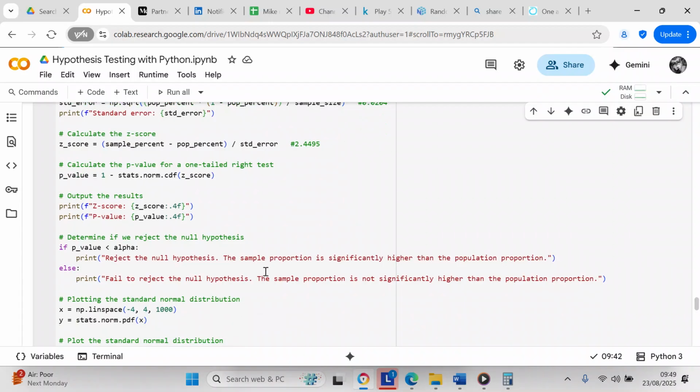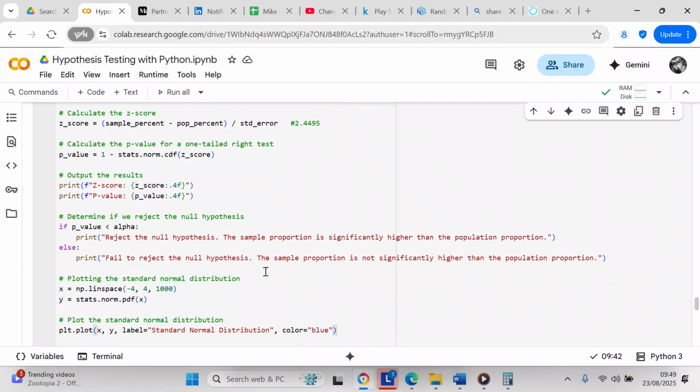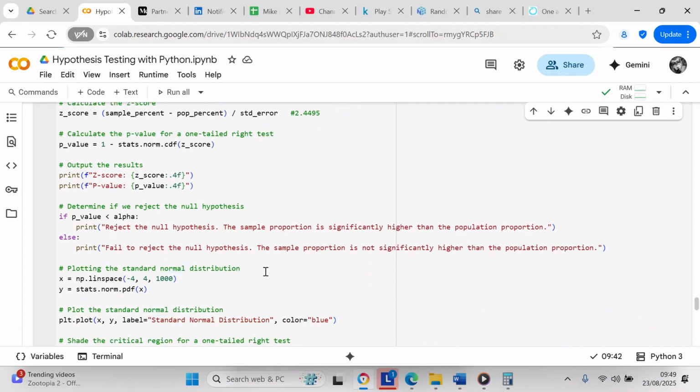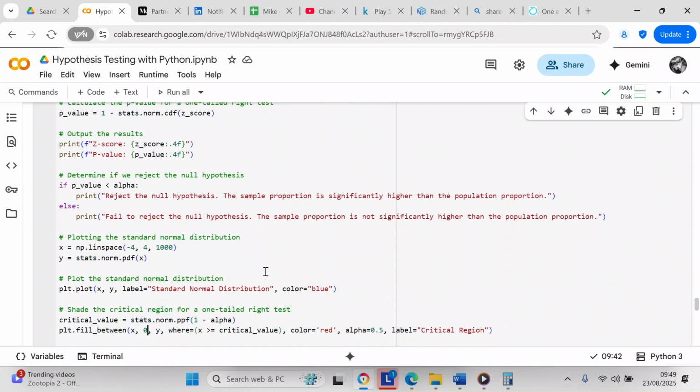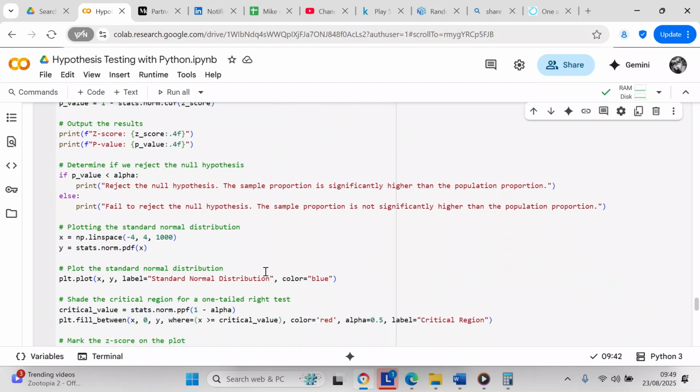Norm is your normal distribution, and PDF is the probability density function. Okay, so we're going to plot the standard normal distribution: plt.plot(x, y, label='standard normal distribution', color='blue'). We're going to shade the critical region.